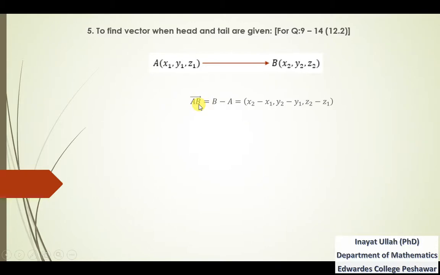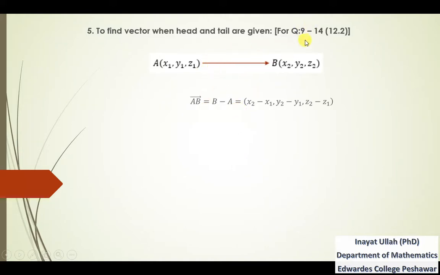Or we may say that AB vector is equal to B minus A, second minus first. So B minus A is x2 minus x1, comma y2 minus y1, comma z2 minus z1.